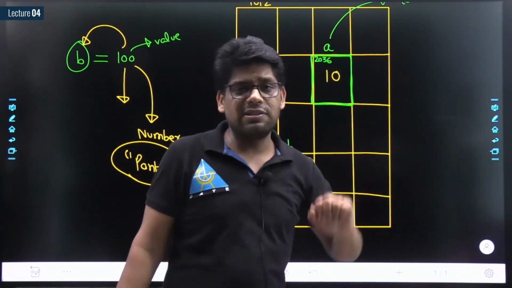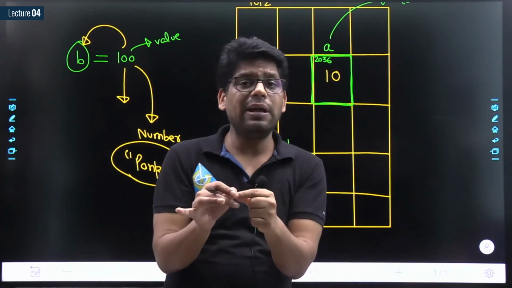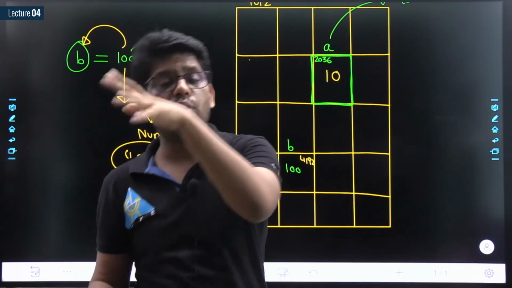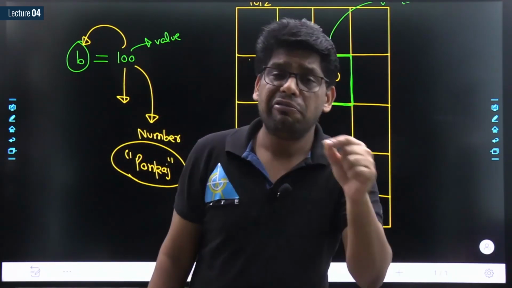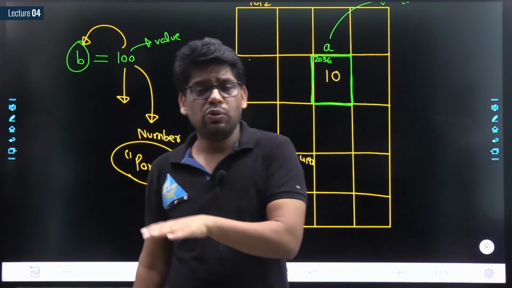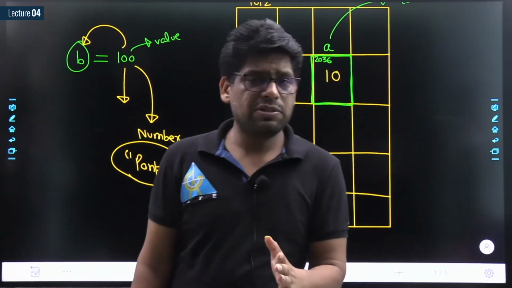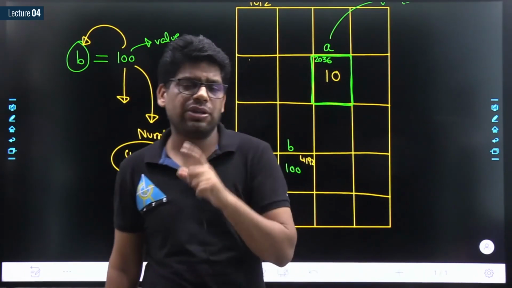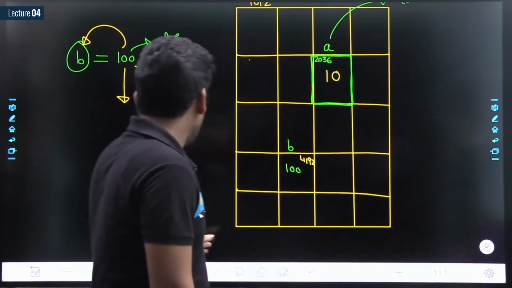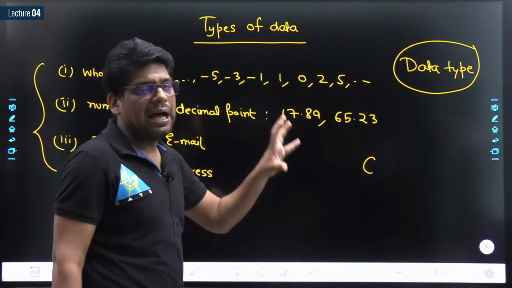In order to access that value, we provide a named identity to a particular location, and that named identity is called a variable. I hope variable is clear to each and every person watching this lecture. So variable is okay, and in the next lecture I will discuss data types.